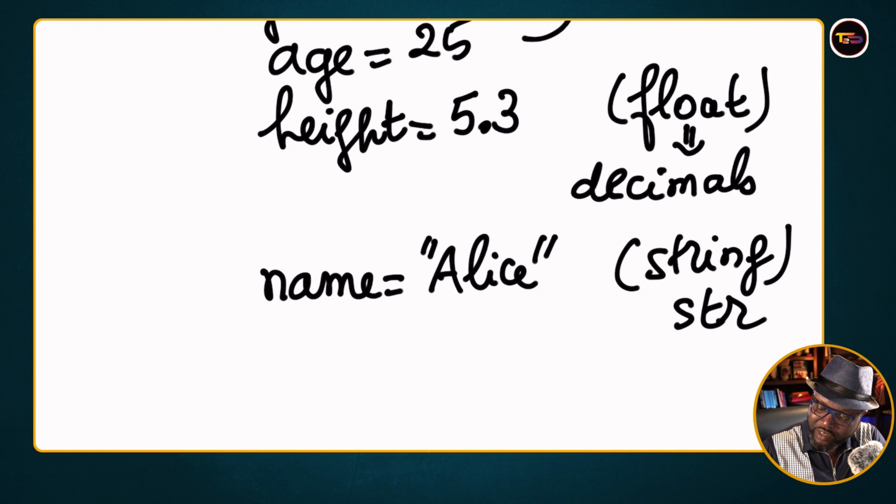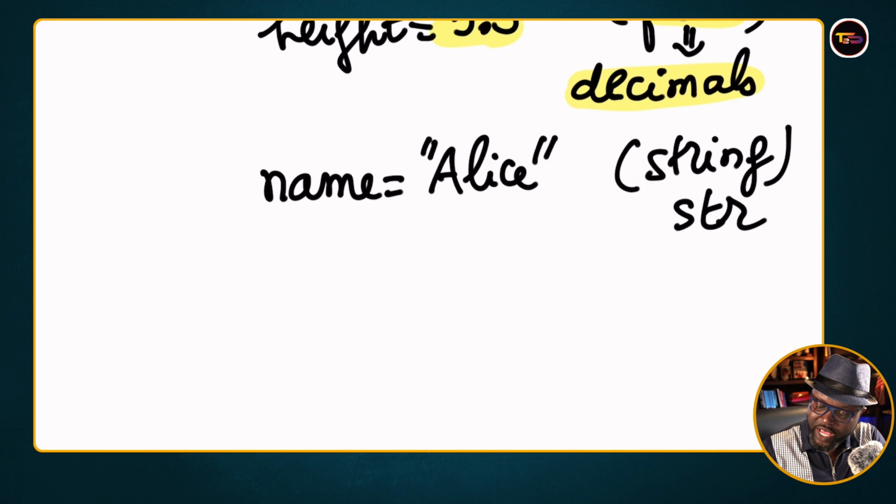That's a complete number, like 25, a whole number. When you have decimals, those are floats. That's a float because it's a decimal. When you have a string, str, it's talking about a name in double quotation marks.